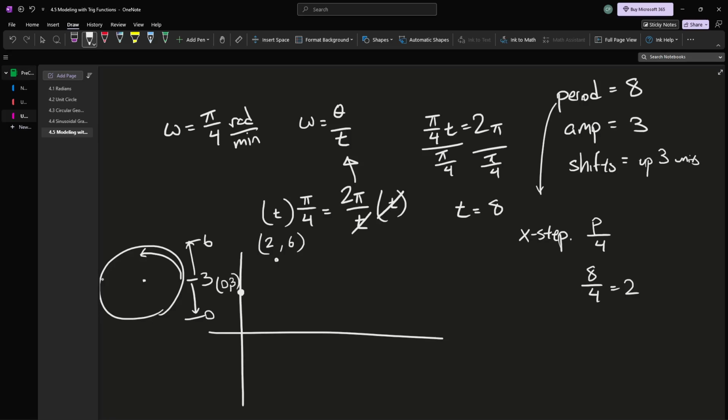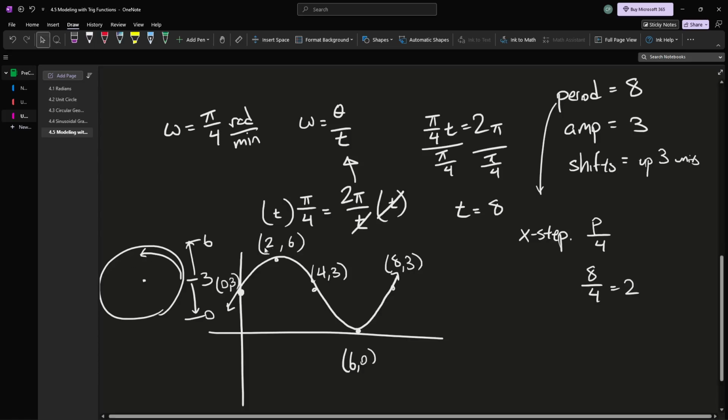So this gives me 2, 6. Then I go back down to 4, 3. Back down to 6, 0. And then up to 8, 3. And I see in one full period, from 0 to 8, my period of 8, I go up to 6, then I go down to 0, then I back up to 3.